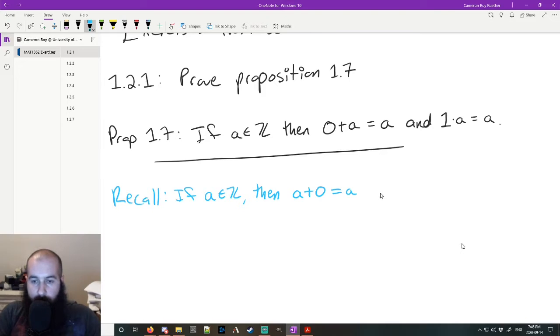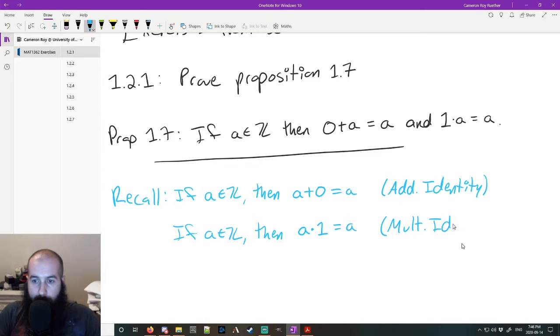And this is the axiom of additive identity. Another one we have is that if a is an integer, then a times 1 is equal to a. This is the axiom of multiplicative identity.